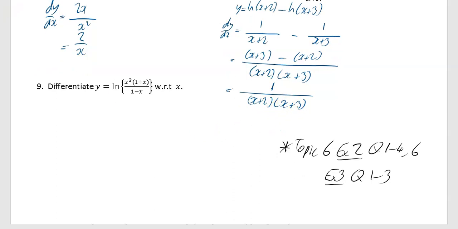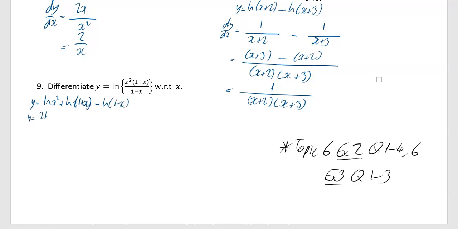Okay, our last example. Now, there's lots of different ways you could do this. One way I'm going to do it, I'm going to rewrite my y as ln of x squared plus ln of 1 plus x, and then minus ln of 1 minus x. And I'll rewrite that again.